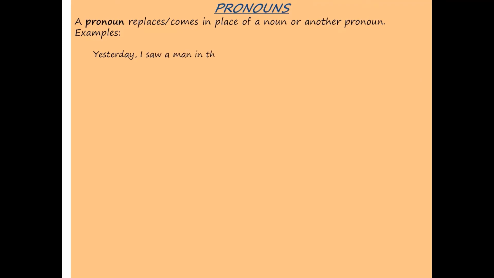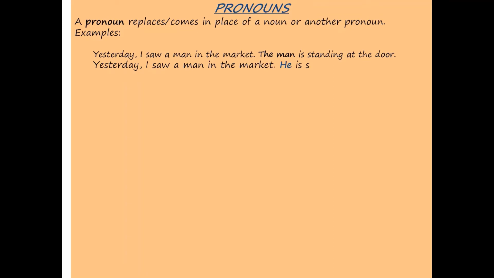Yesterday I saw a man in the market. The man is standing at the door. Again, yesterday I saw a man in the market. He is standing at the door. In first example, we have got a man here and again man.